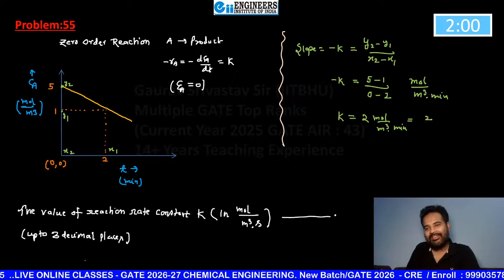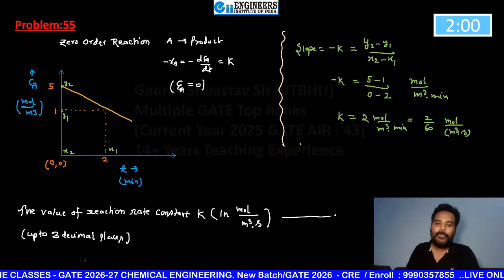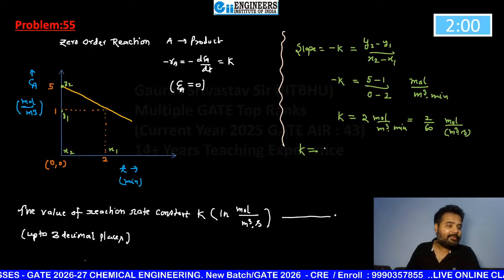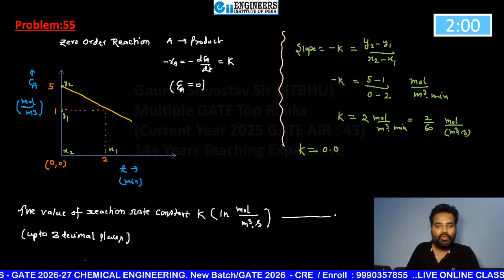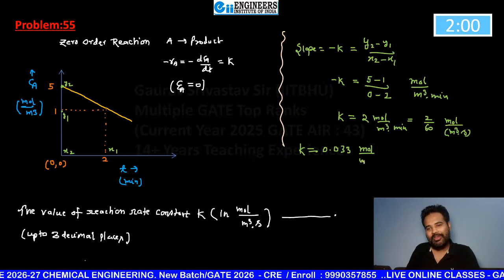But answer is 2 by 60 mole per meter cube per second, because 1 minute is equal to 60 seconds. So 2 by 60, 1 by 30, that means 0.033 mole per meter cube per second.